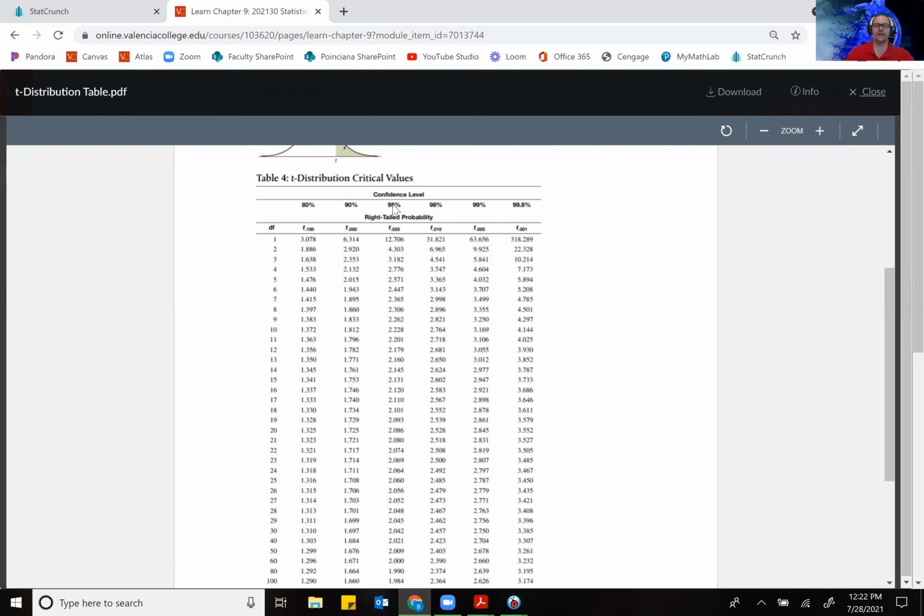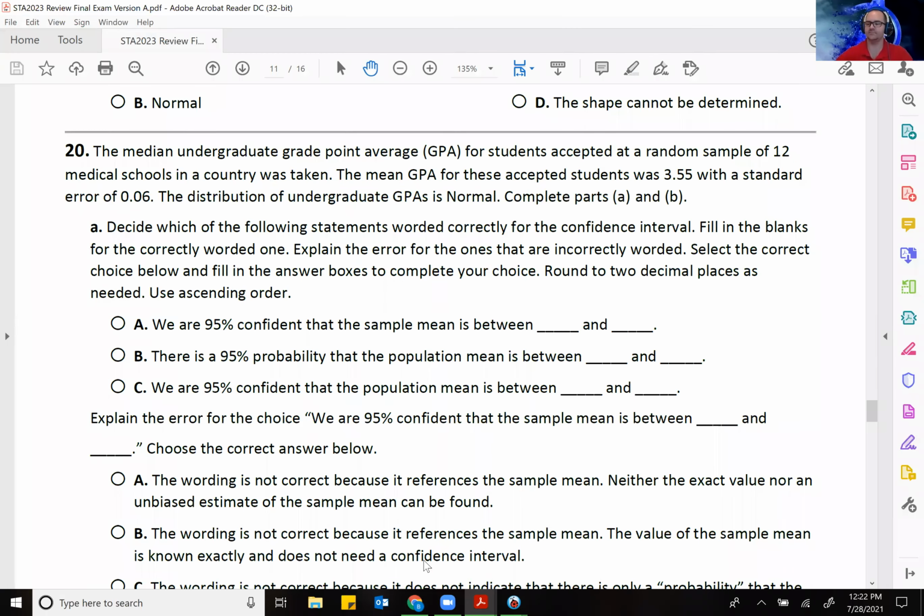We're in the 95% confidence, so these are our T star values. We just have to figure out the degrees of freedom. How do I figure out the degrees of freedom again? N minus 1, right? So what is our sample size? 12, so it would be 11. You got it.